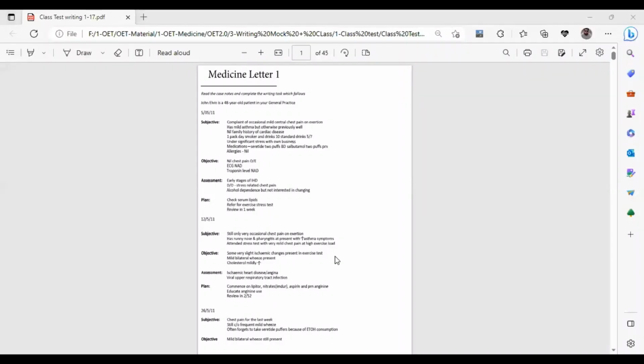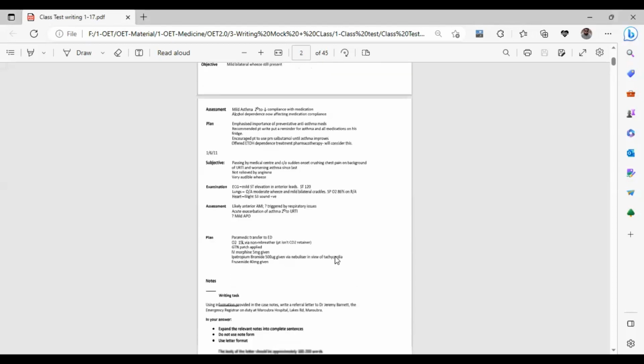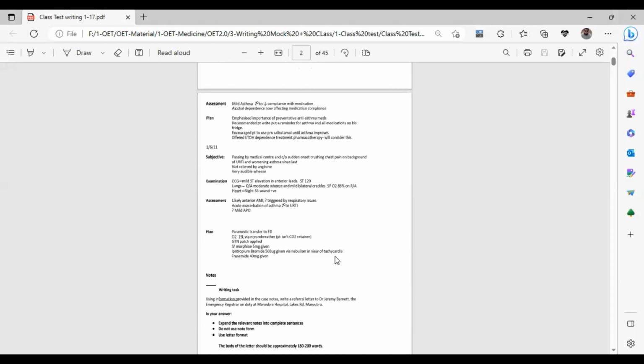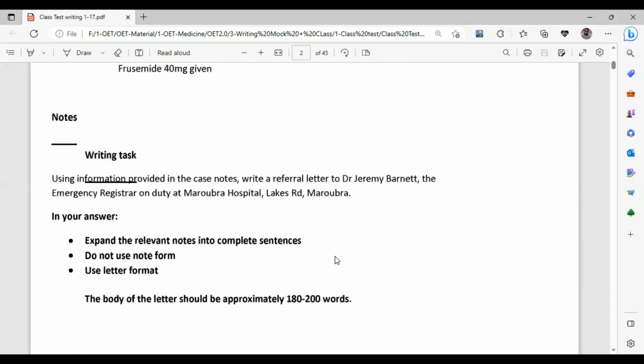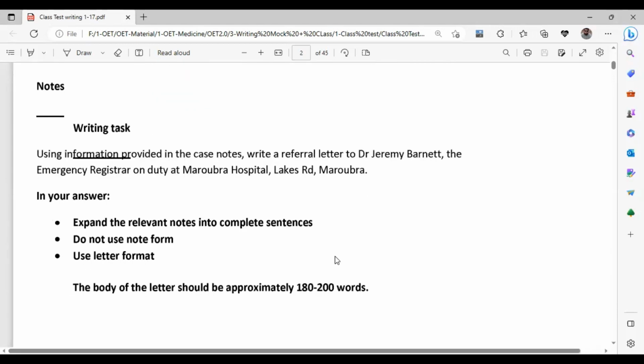Say, in the real exam, when you see the case notes, this is the first page of the case, and now this will be the second page of the case. Whenever you receive the case notes, irrespective of the type of letter, you have to go to the writing task. Whatever type of letter you will be writing, you need to see to whom you are writing this letter. For example, here we are writing this letter to the emergency registrar.